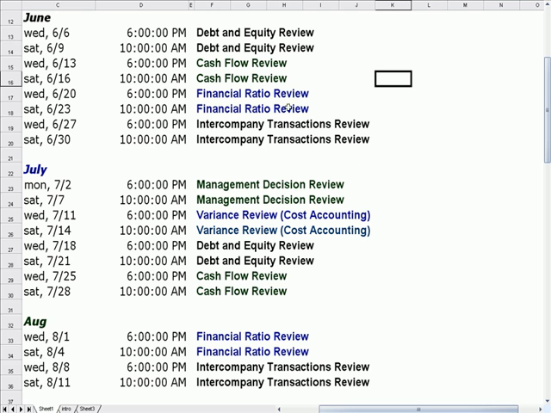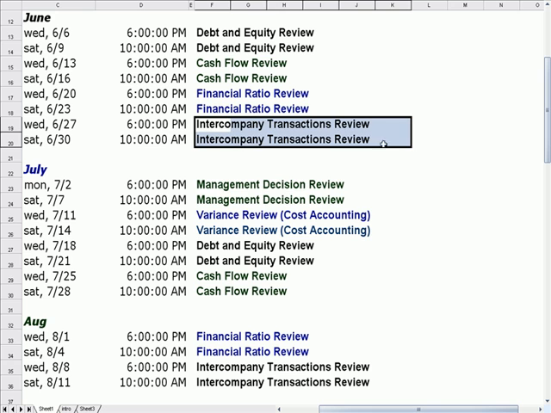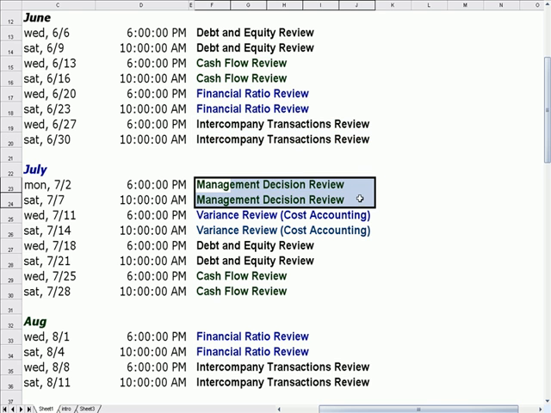So the specific topics we're going to cover, you're going to see that through June, July, and the first half of August, we're going to rotate through debt and equity review, bonds and stocks, earnings per share, things like that. I'll get to specifics in a minute. Cash flow review, financial ratios, intercompany transactions, which is an advanced accounting consolidation issue, management decisions, variance review, which is reviewing labor, materials, fixed overhead, variable overhead variances.